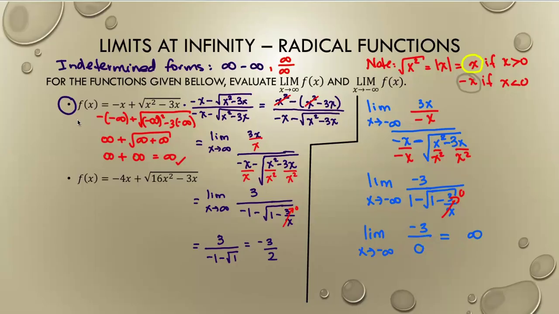So if I use the direction, this is going to be a zero that is negative, because as I approach zero on the number line, I am actually approaching zero from this side. So these values that I'm making smaller and smaller are all negative. And so when I divide -3 over that negative number, the fraction is going to be positive. All right, sorry for the confusion, and I hope that makes sense.